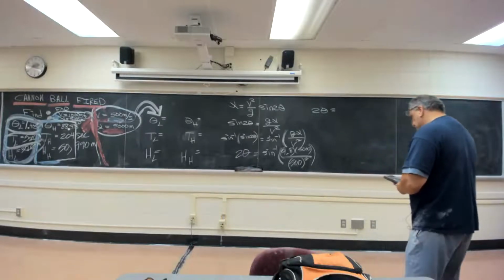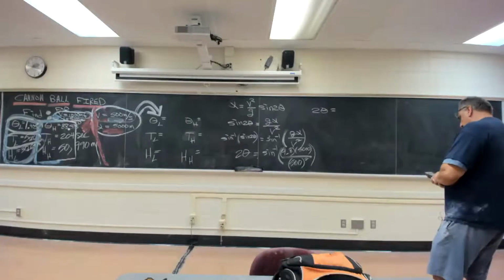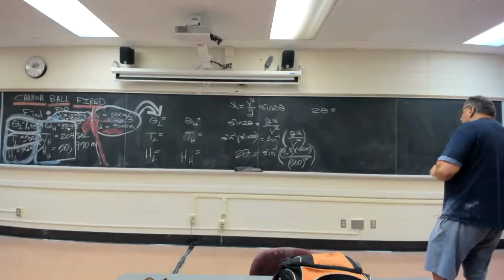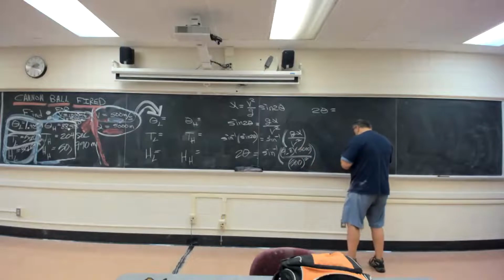So let's go. You're going to get the inverse sine. You plug in all the numbers and grind them out, you guys. So the inverse sine of this thing right here, as we said, was 49,000. This thing right here is 250,000.